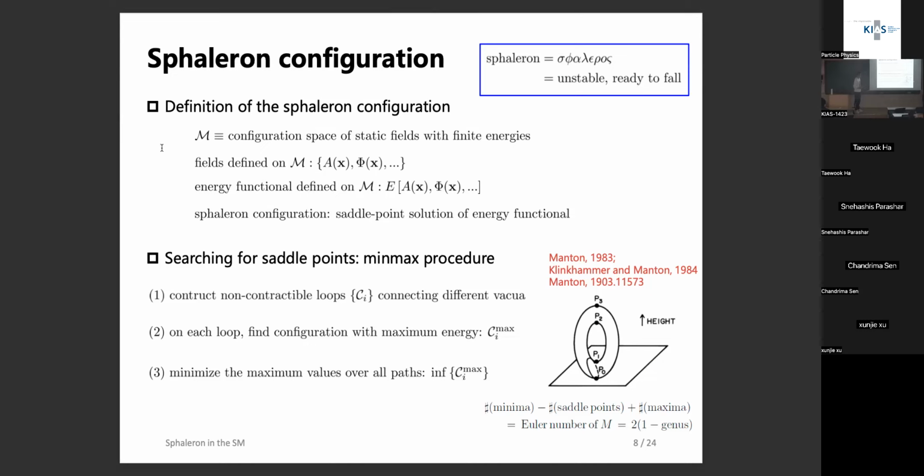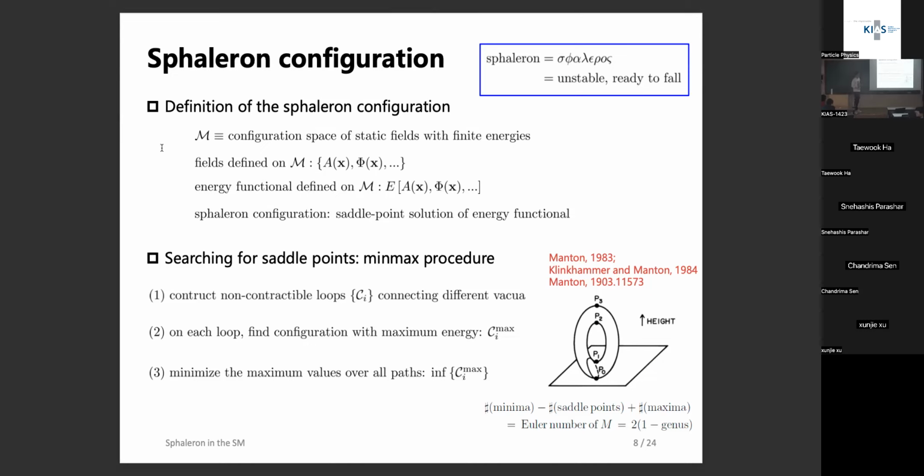And according to a famous topological identity, the number of minima, saddle points and maxima can be connected to each other with the topological character of this manifold. The genus can be intuitively understood as the number of holes inside this manifold. So for the torus, the genus is 1. So the number of minima minus the number of saddle points plus the number of maxima is 0.